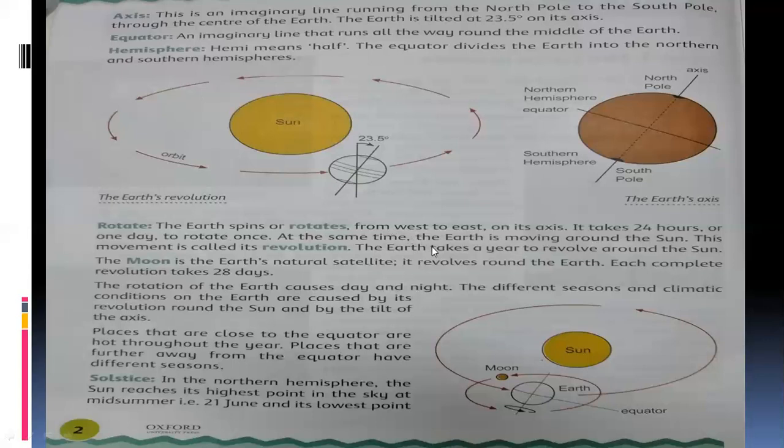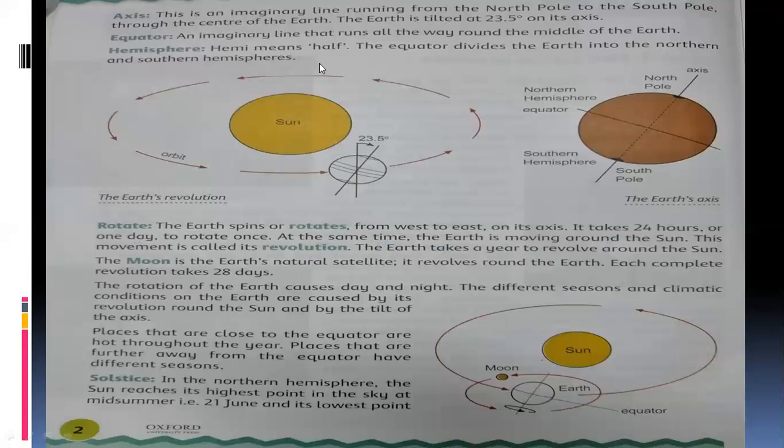At the same time, the earth is moving around the sun, and this movement is called its revolution. When the earth moves on its own axis, it's called rotation.